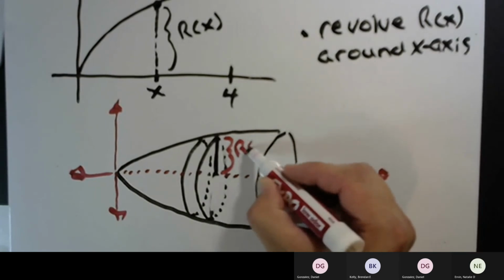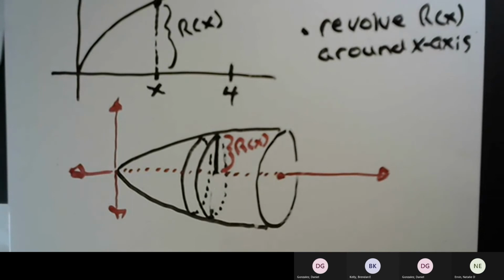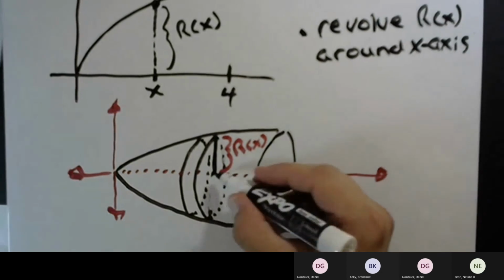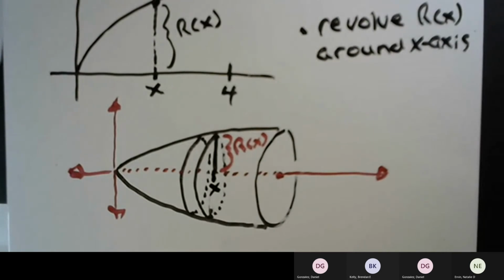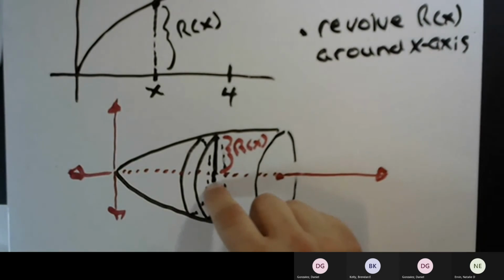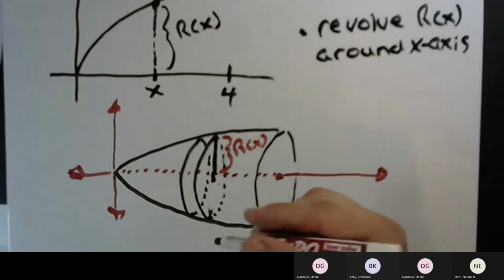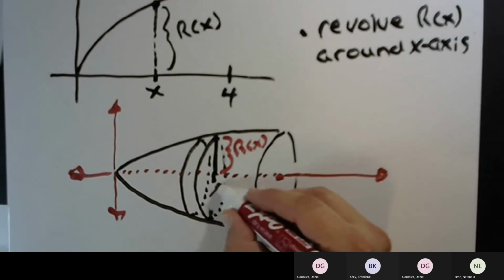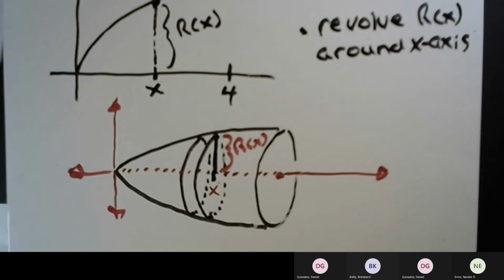So this is R of x, that height that we had. Here's the location x. And so what we're going to get is this.